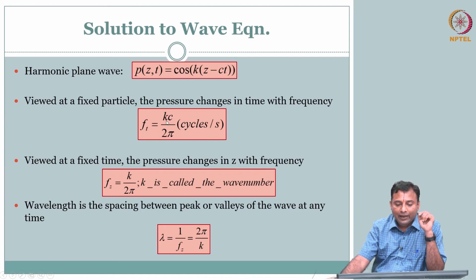So, 2 pi cancels, and we know this from before. In electromagnetics also we related this, c is equal to f lambda, the same relationship. So, the relationship between wavelength, speed of sound and frequency is very similar to electromagnetics.